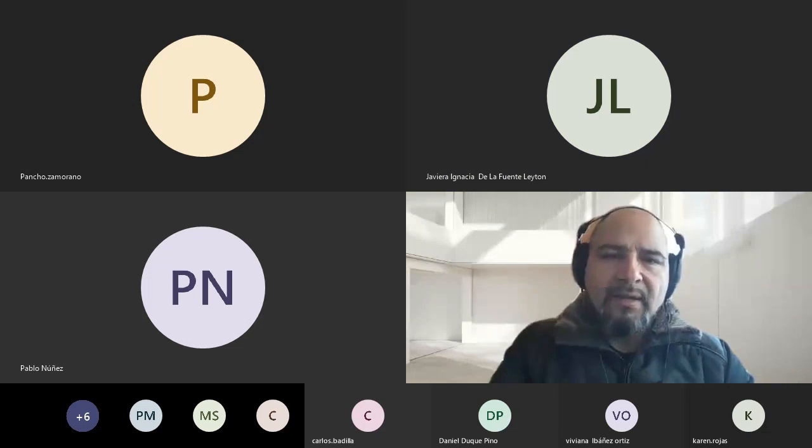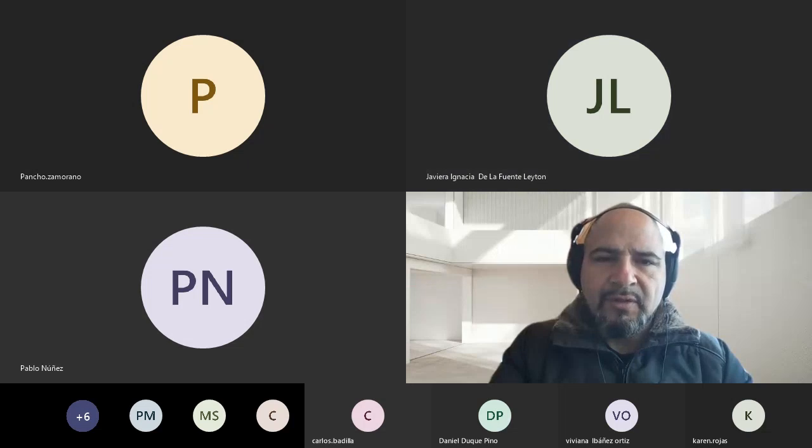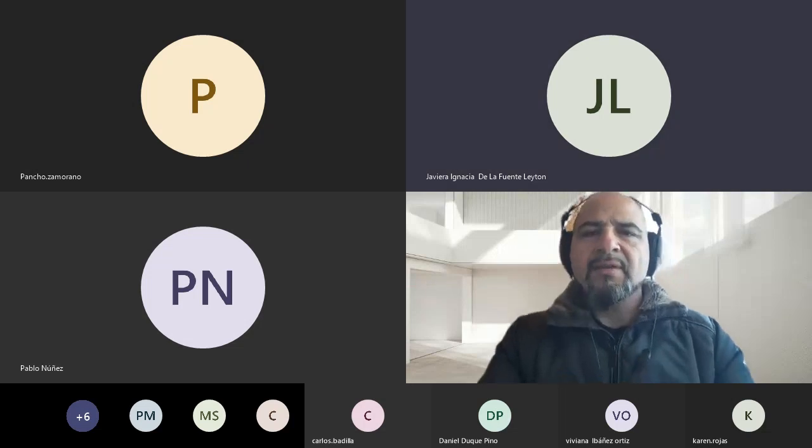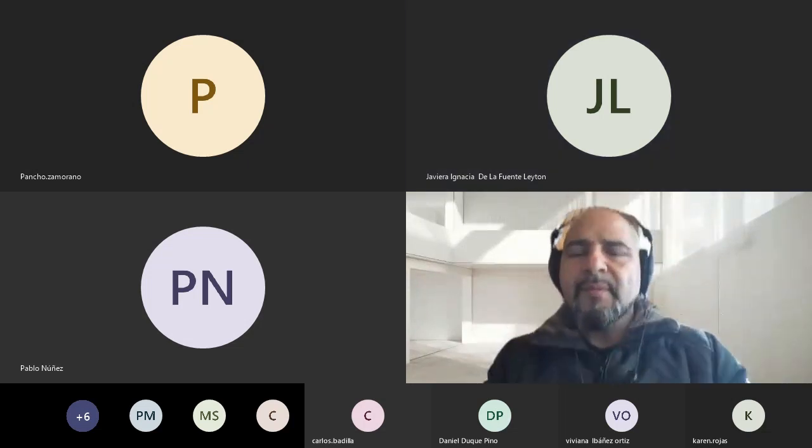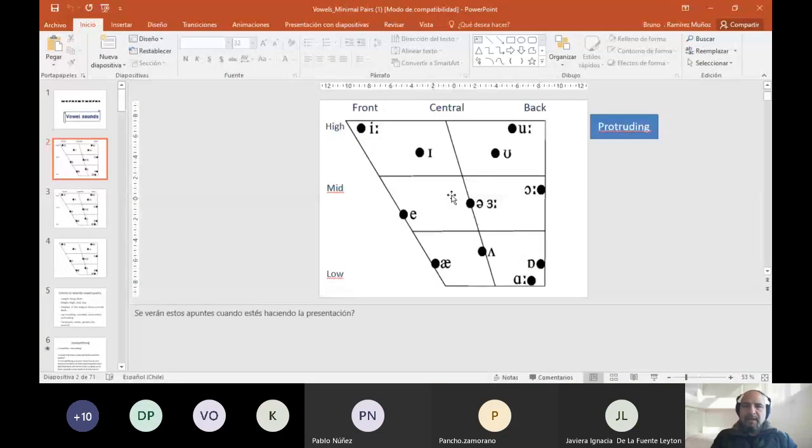I mean, in order not to create a confusion, because some other vowel charts vary in relation to the different dialect, but this is the one that we're going to be using. I insist, I'm not saying that this is a final vowel chart that everyone should memorize.